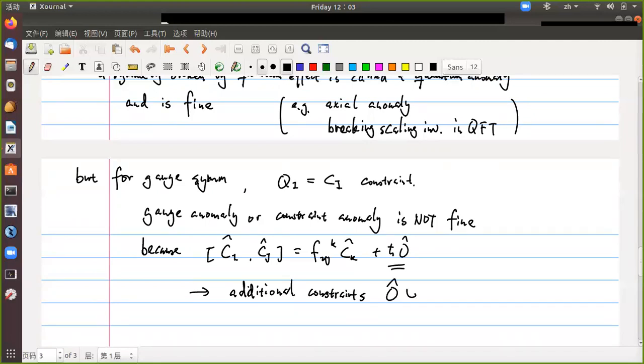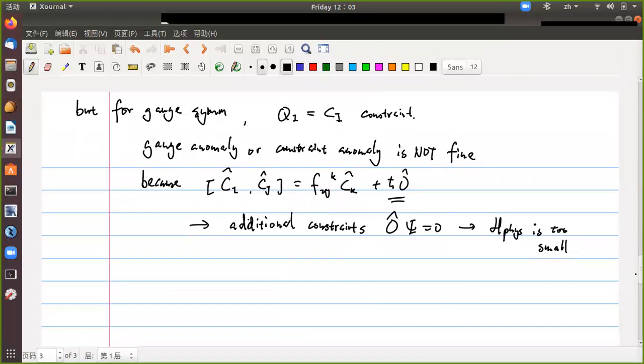Whenever you find the quantum correction, by the previous argument, it leads to additional constraints, O hat of psi equals 0, right? And then it means that your physical Hilbert space is too small. Usually it's too small. It means that you don't have enough states to study physics, especially enough semi-classical states.